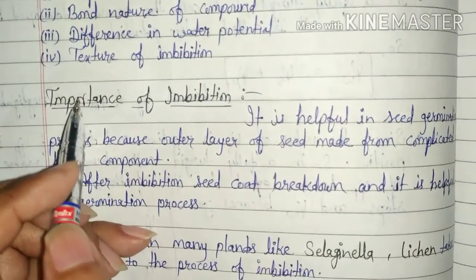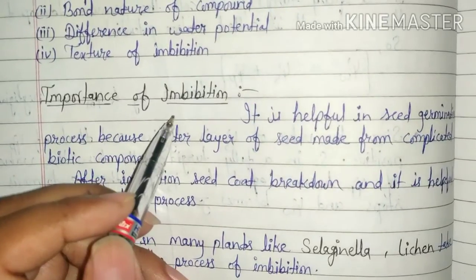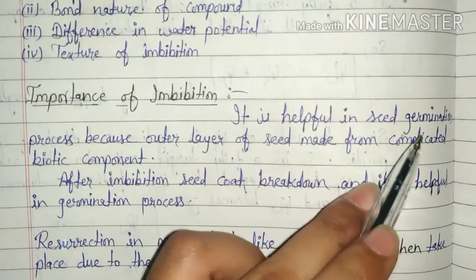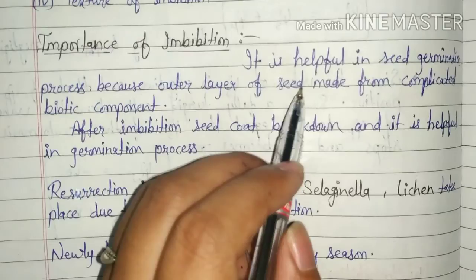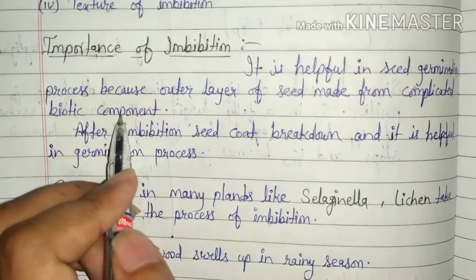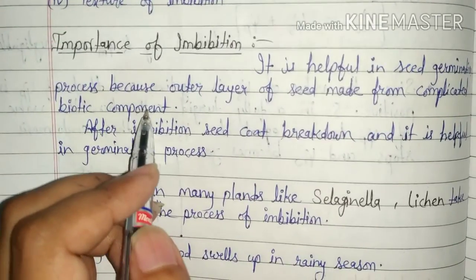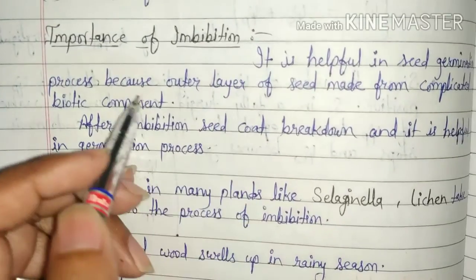Now, we are going to talk about the importance of imbibition. Imbibition is helpful in the seed germination process because the outer layer of a seed is made from complicated biotic components, we can say a hard seed covering.